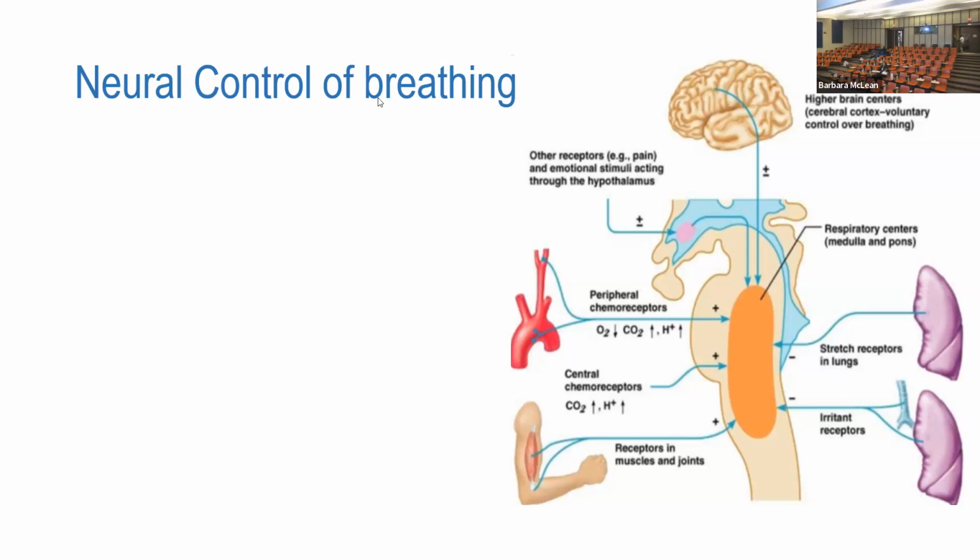Okay, so we're just looking at this visually, right? We're looking at the cortical control, the medullary evaluation, the stimuli that stimulate, through the hypothalamus, those respiratory centers, as well as the central chemoreceptors and the peripheral chemoreceptors, that all are going to be responsible for our control of breathing.